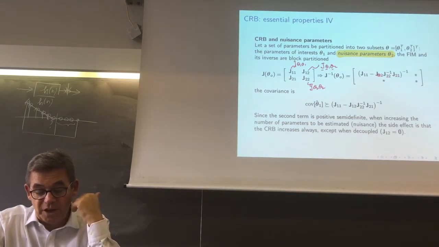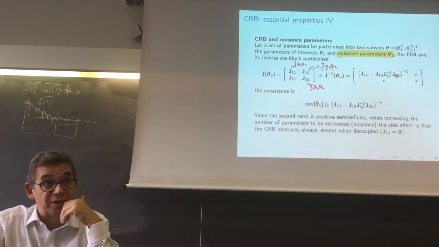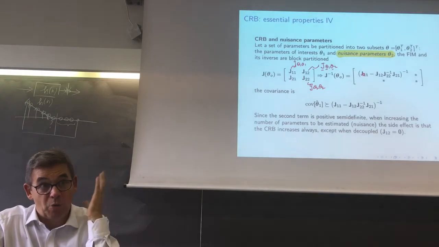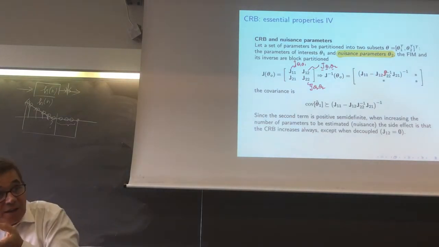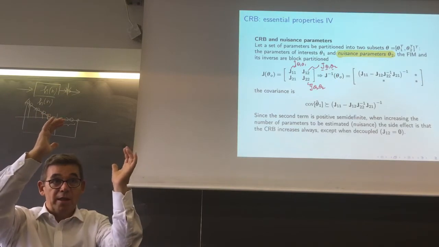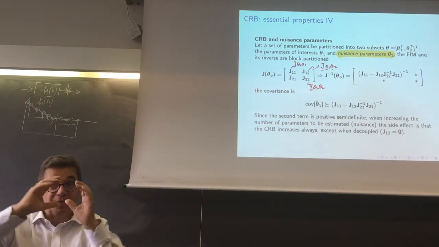Now, if J12 and J21 are different from 0, I have J11 minus something, and then I calculate the inverse.